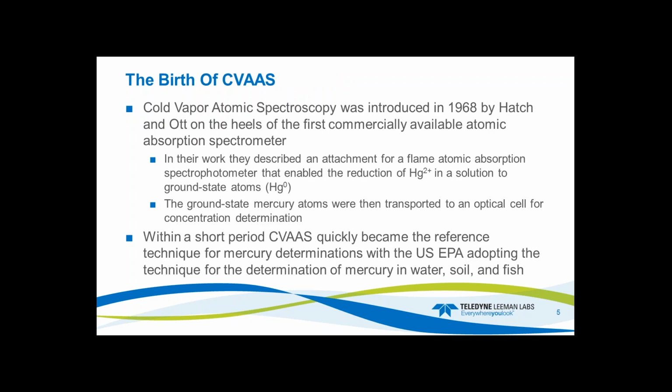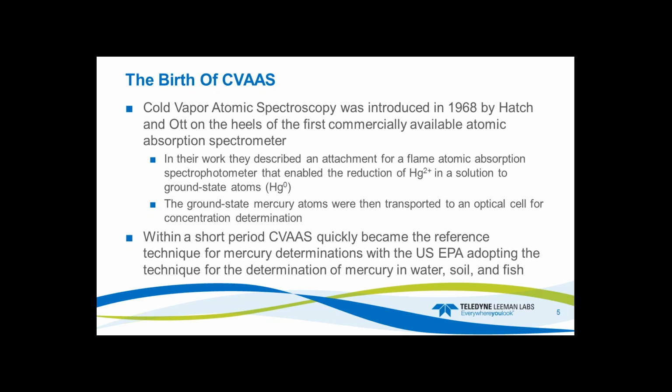So a little bit about atomic spectroscopy, cold vapor. It was introduced in 1968 by Hatch and others on the heels of the first atomic absorption spectroscopy. They developed a system that would take mercury after it was oxidized and reduce it to the ground state. This is your first hydride generation system. And they attached that to a flame AA system.